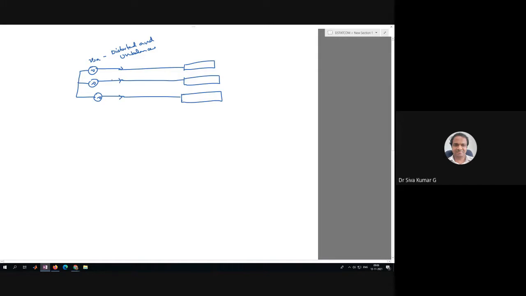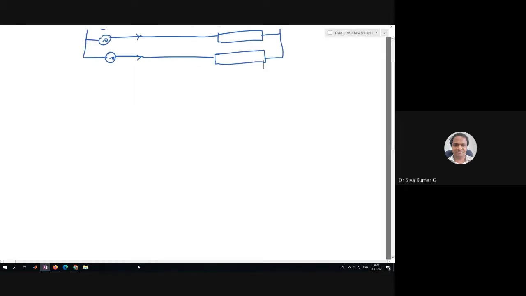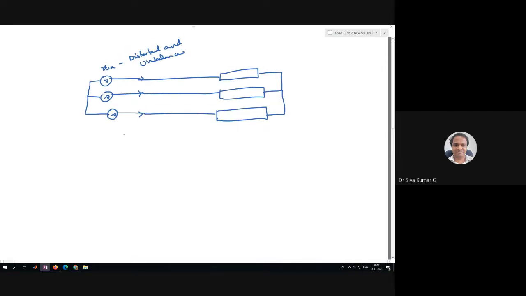In that case, by considering the above equation, the load average power is a combination that also includes unbalanced currents.